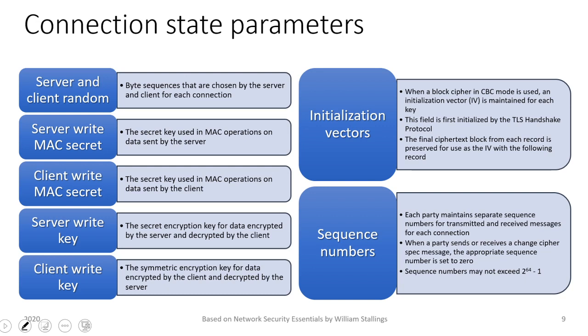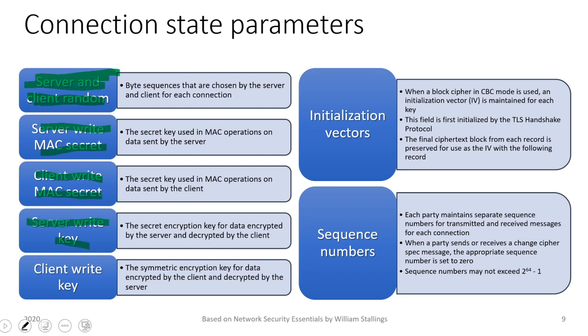So for each connection that is established, there will be some random strings or random parameters used. Then the server write MAC secret is the secret key for MAC operations on data sent by the server side. Similarly, there will be a MAC secret on the client side, and then there will be a server write key and a client write key.